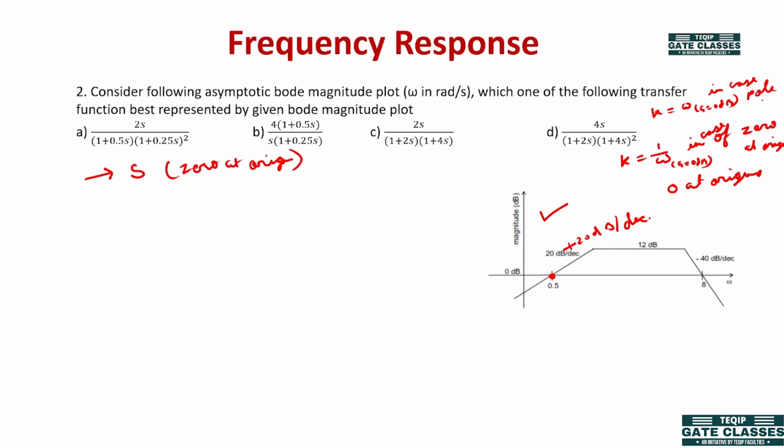So here we have a zero at origin, so our K is equal to 1 by 0.5, that is equal to 2. So we have a value 2s in numerator. So if we check this question, it seems that A or C may be the answer.